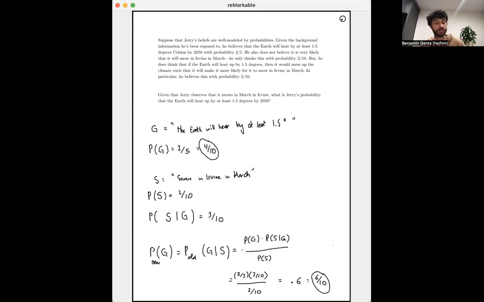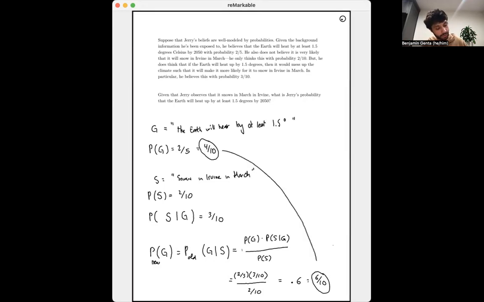You might think he shouldn't have had this belief in the first place, that it shouldn't have been only 4 out of 10, it should have been higher. But given that he believes it with only 4 out of 10, and given his beliefs on the evidence and how much it confirms, then the rational way of updating will be using Bayes' rule.